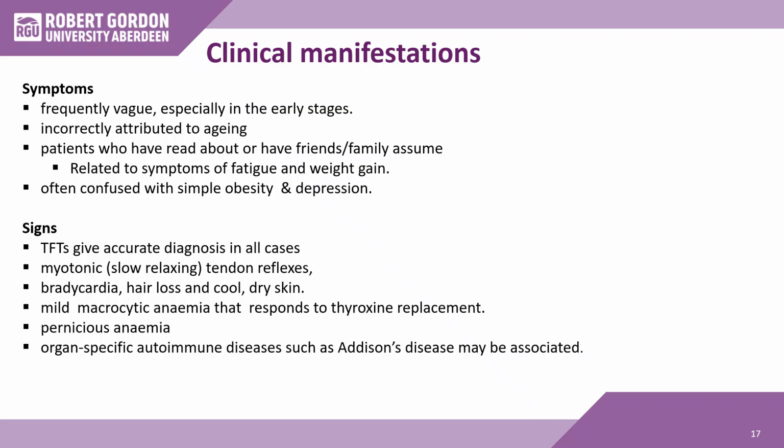Signs include TFTs to give accurate diagnosis in all cases, as well as a myotonic test that could be done for tendon reflexes. Bradycardia is another sign. Hair loss, dry skin. Some people can present with mild microcytic anemia that does respond to thyroxine replacement, and some people also can present with pernicious anemia.